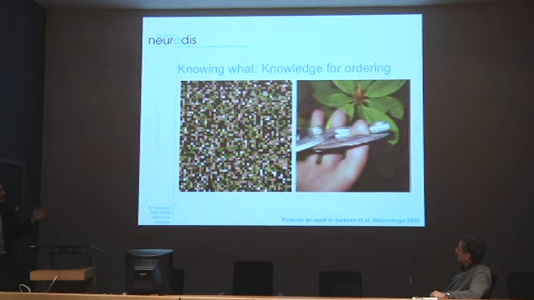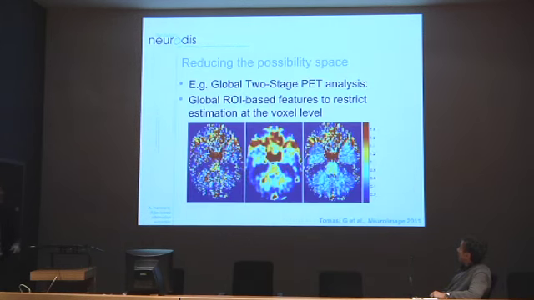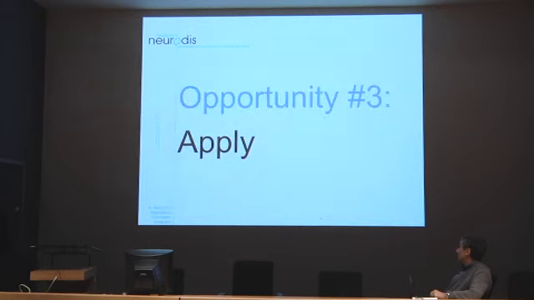If it is ordered, it's very easy to make sense of it. So you can use this, for example, in this example, to inject the knowledge that voxels in a lobe behave similarly to constrain your PET parameters. And with the data you've got, create a much better brain image here than if you don't have this information.